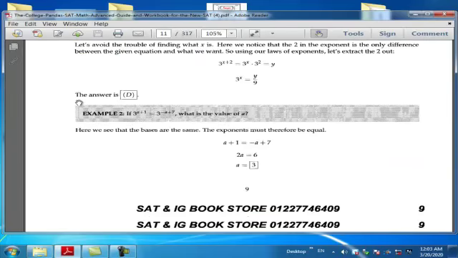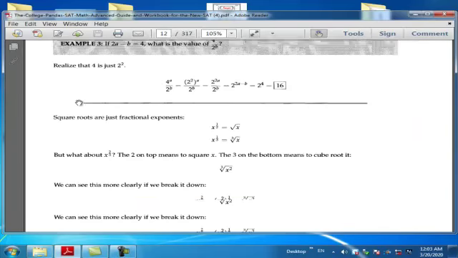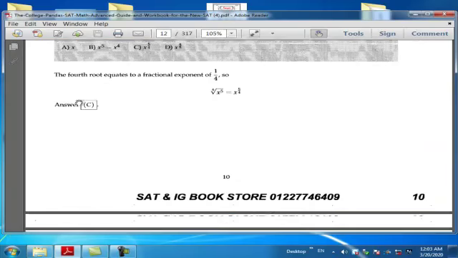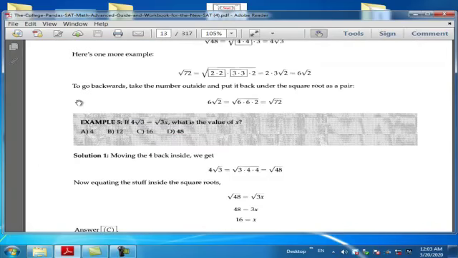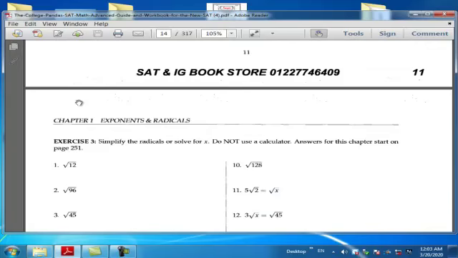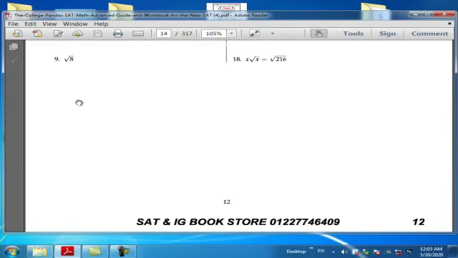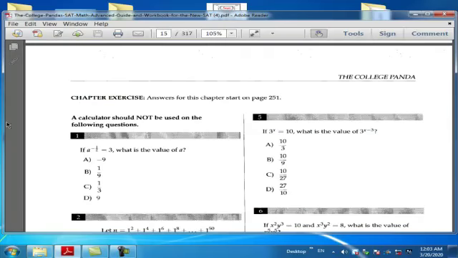Let's take some questions to think about from the SAT practice tests coming from the College Board from previous years. At the beginning, one of those examples is a multiple choice question. If a to the power of negative half equals 3, what is the value of a here? You know the meaning of a negative power, it means 1 over the square root of a.